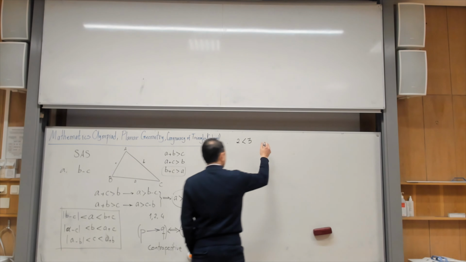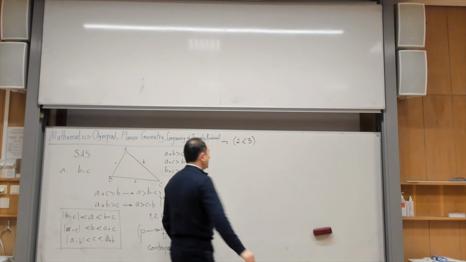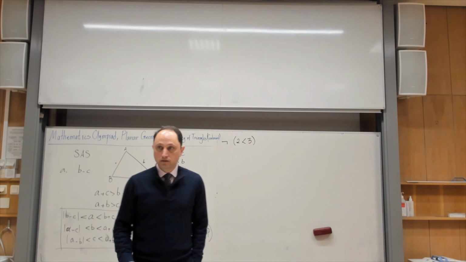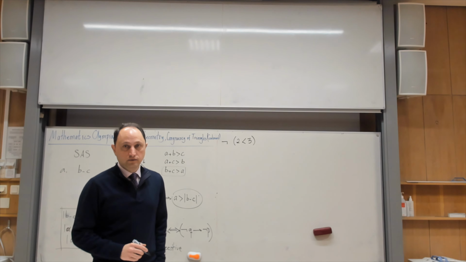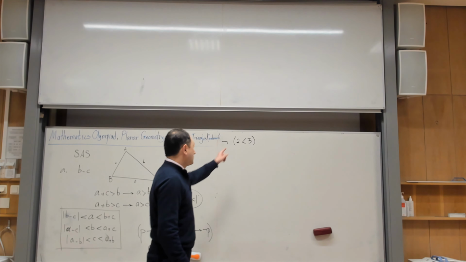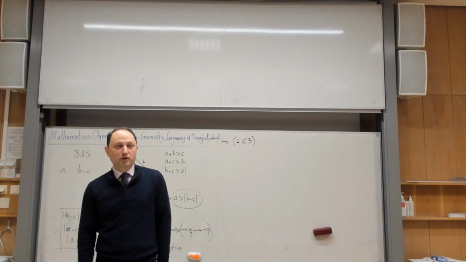And its negation, if I say what is the negation of this? Yes? 3 is greater than 2? No. The negation is that it is not the case that 2 is less than 3. Yes? But this is a very odd language, so we don't say it like that.